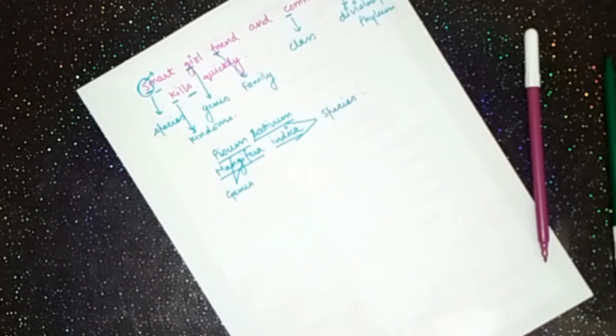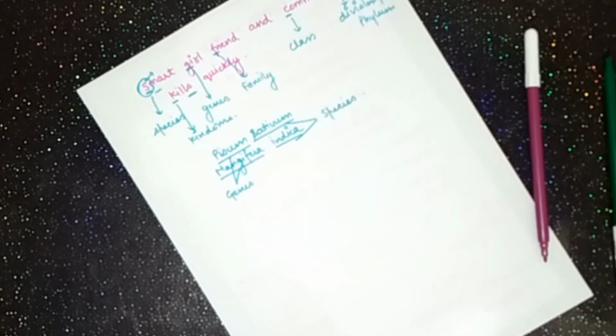Another example is Panthera and Felis having the family Felidae. After family, it's order. A group of related families which have a few similar characters. Example: Convolvulaceae and Solanaceae are plant families and their order is Polemoniales, which is based on some floral characters.